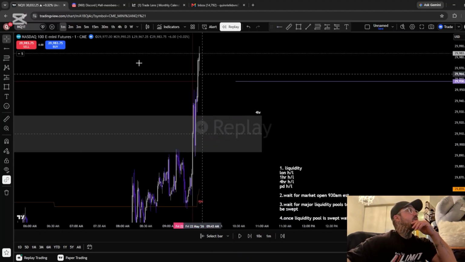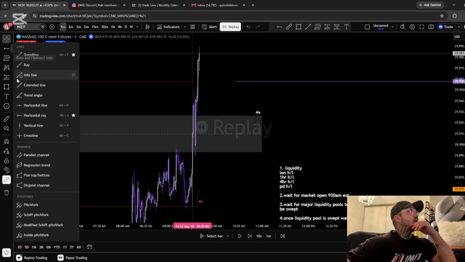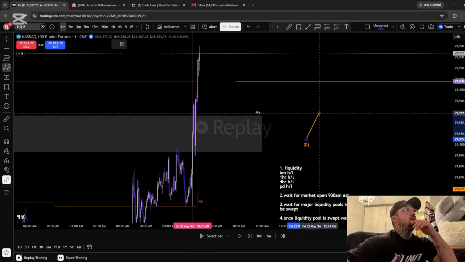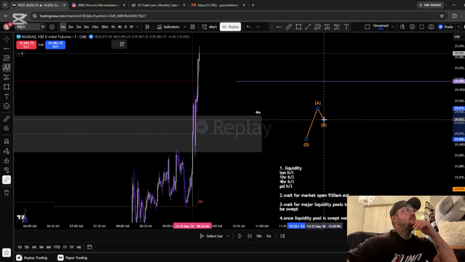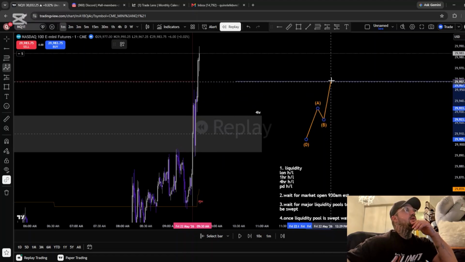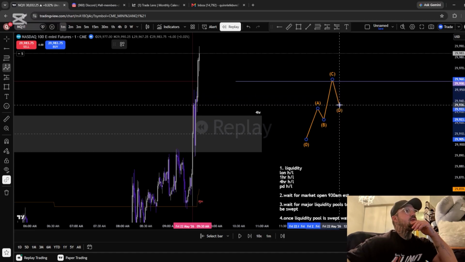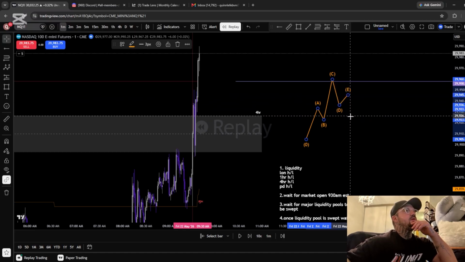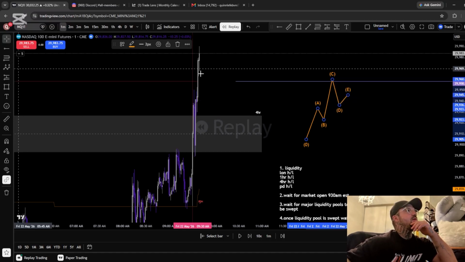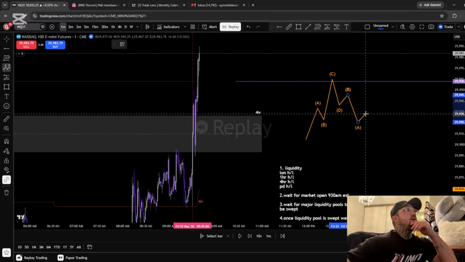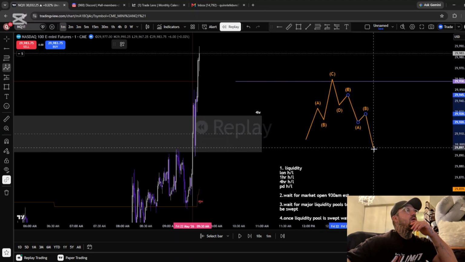So in the ideal world, this is what you want to see. Price coming up, and say it sweeps just past that and respects it. So then we start targeting and reversing.